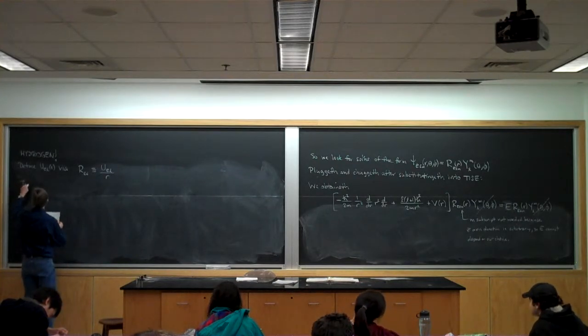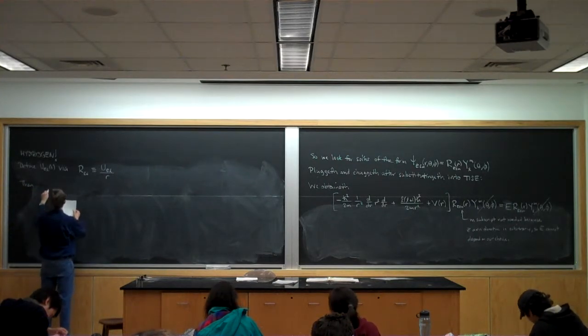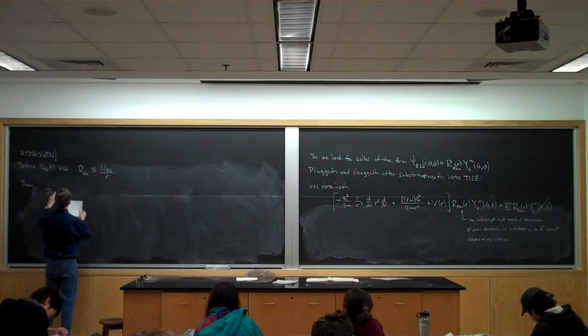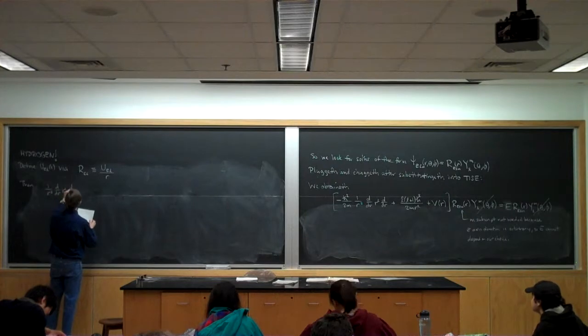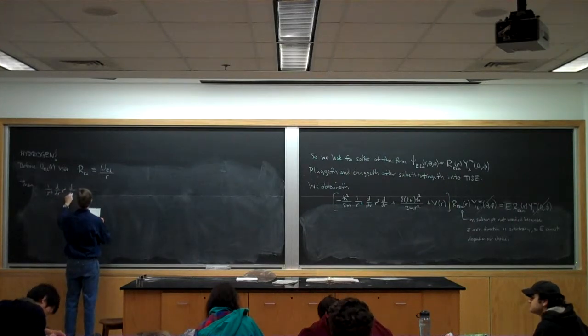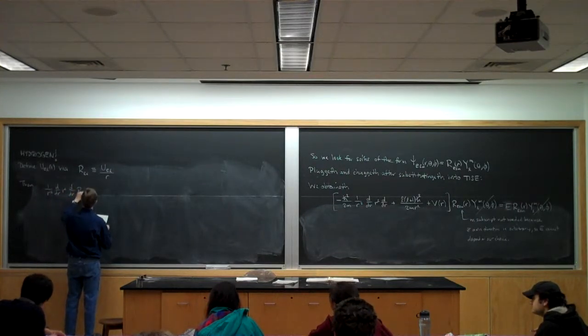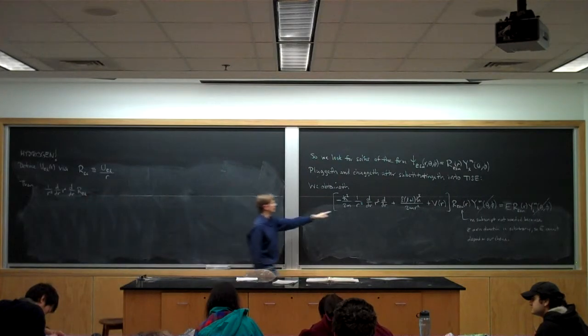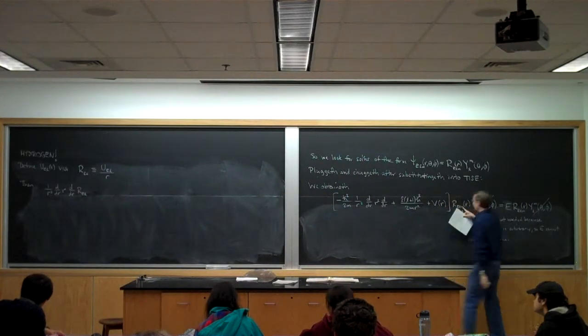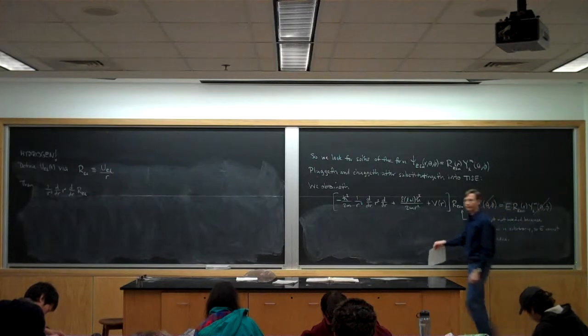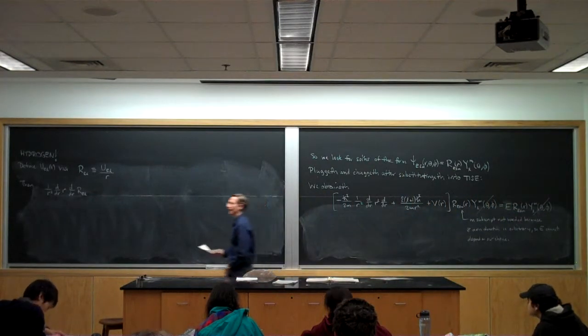then 1 over r squared d/dr of r squared d/dr of R_El. In other words, what we've got over here for the radial piece, let's rewrite that in terms of u_El.